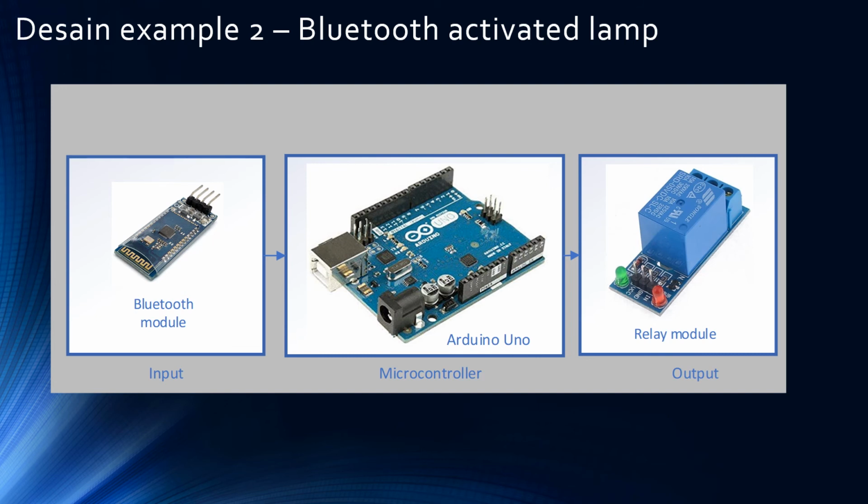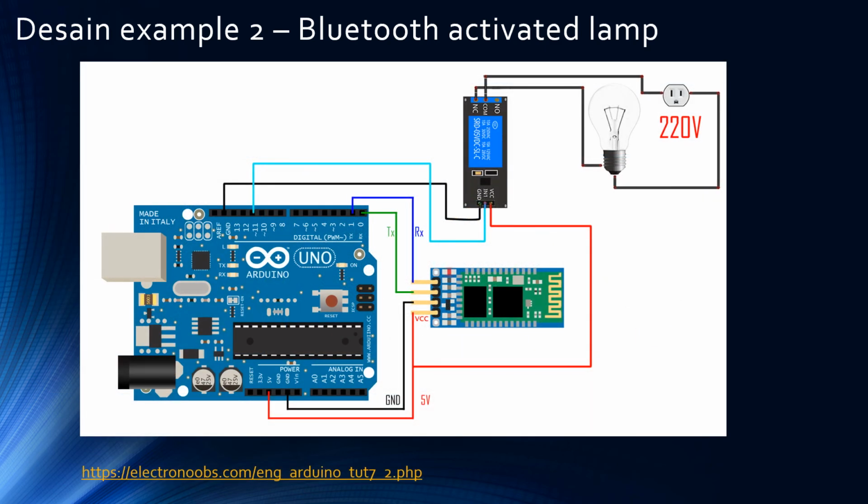The detailed wiring goes like this. As you can see now, it's not hard to build this project. It's easy if you want a lamp that can be controlled on and off using your smartphone.